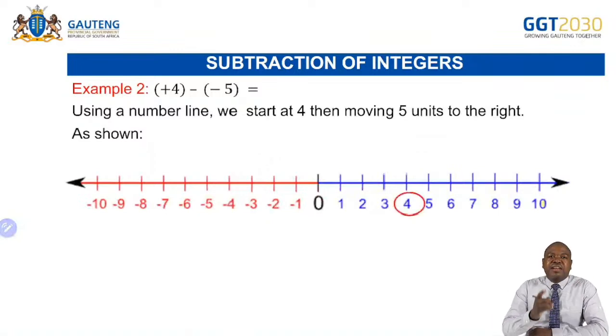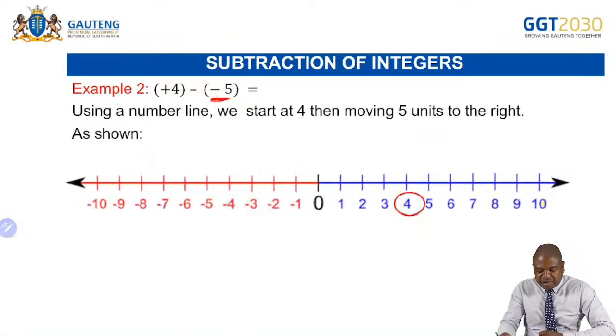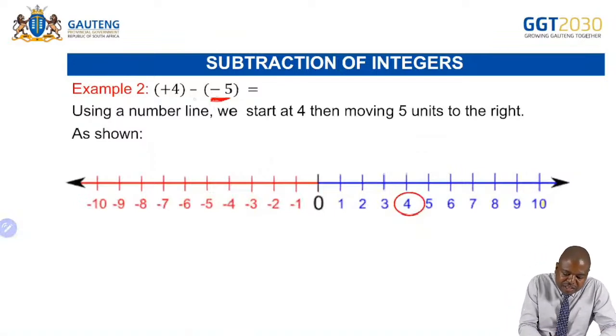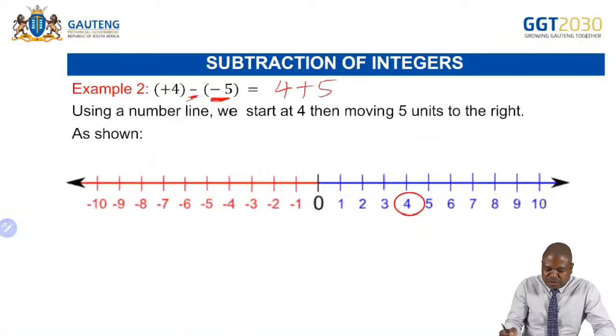Remember what we said: if a number has got a negative sign, we move to the left. But then there is a negative sign outside there, which reverses this sign. So in other words, it is the same as 4 plus 5.